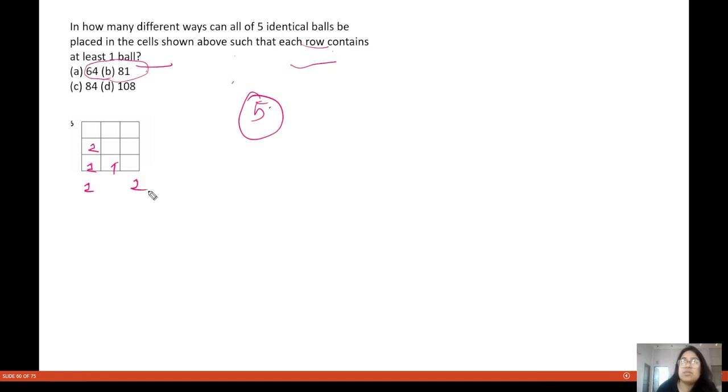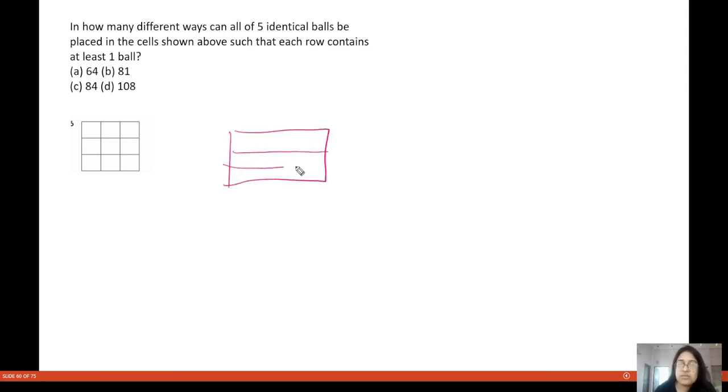Or you can put two balls here, or you can put one and one, and then one and one ball anywhere. So you are understanding what kind of arrangement we are trying to make. We'll calculate this solely by the method of combination, but we are just trying to visualize what is happening here. Each row must have at least one ball, here, here, here.